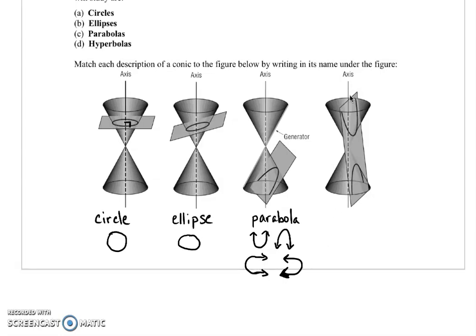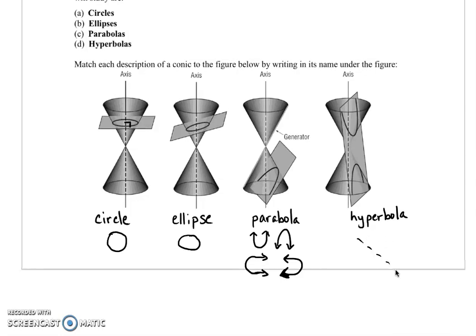And then if we run the plane so that it passes through both cones and out the bottom of both cones, this is when we end up with a hyperbola. And hyperbolas look like this.